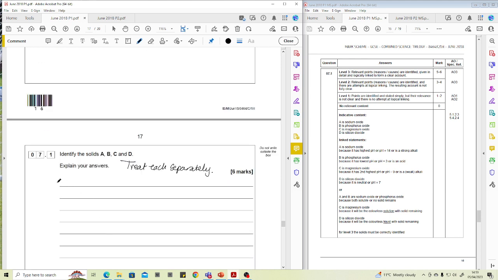So sodium oxide is A, because it dissolved completely to form an alkaline solution, demonstrating it is a soluble base / alkali.